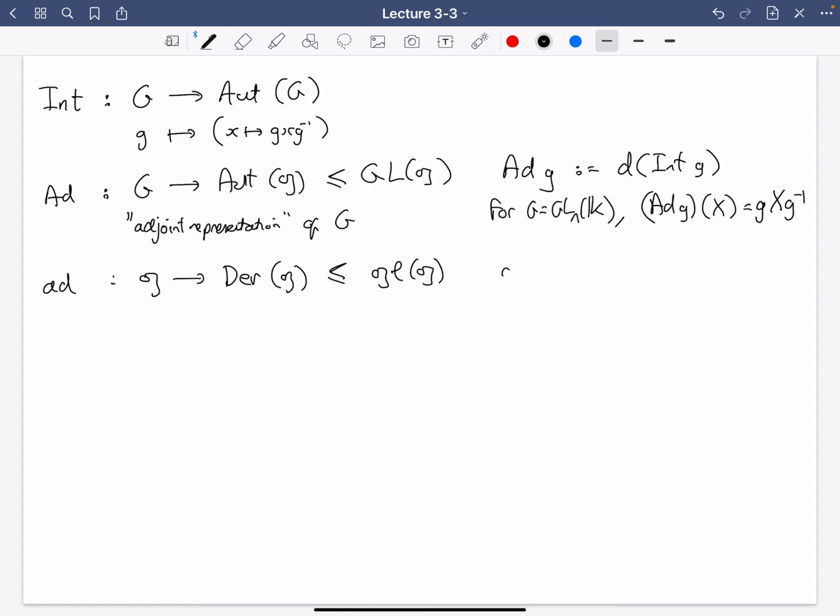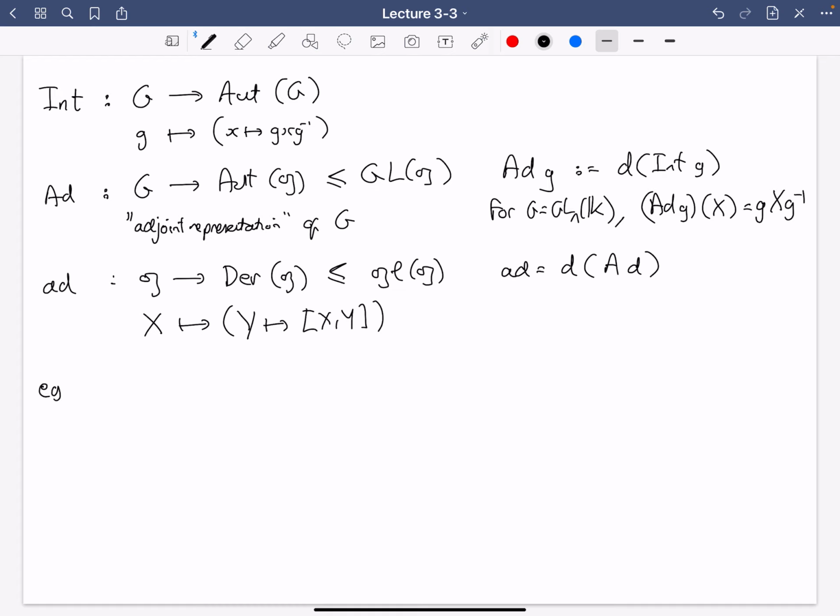So little ad is the differential of that morphism of algebraic groups, big Ad. And I think I noted that it sent an X in the Lie algebra to the derivation of the Lie algebra g, sending an element Y to just taking the commutator, taking the Lie bracket with X. So those were things we were talking about last time.